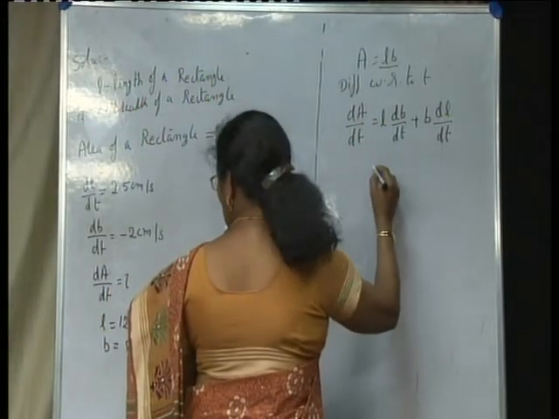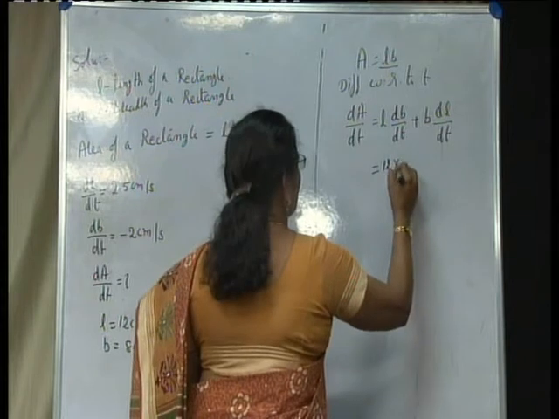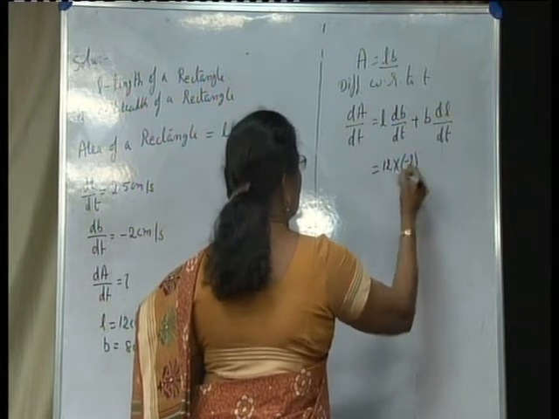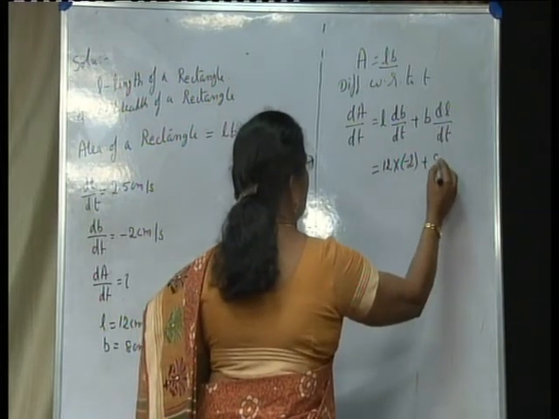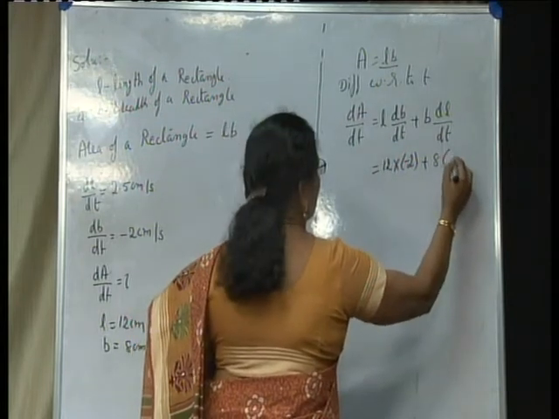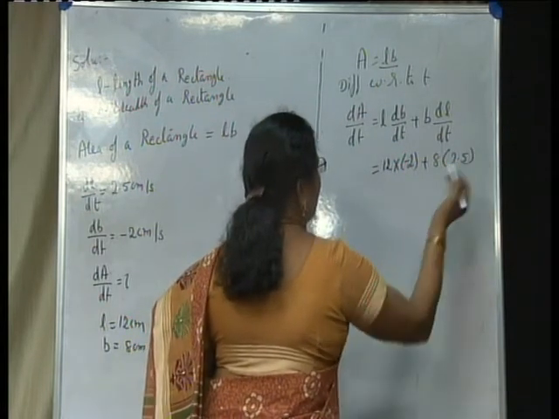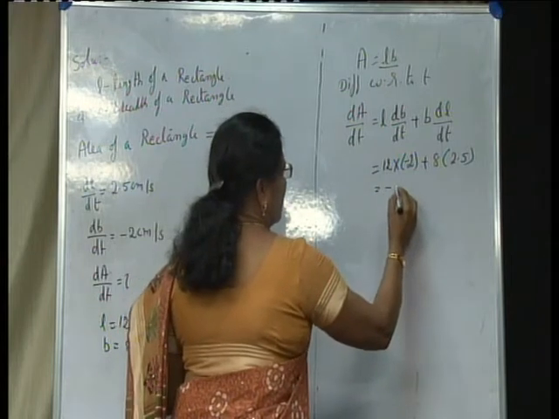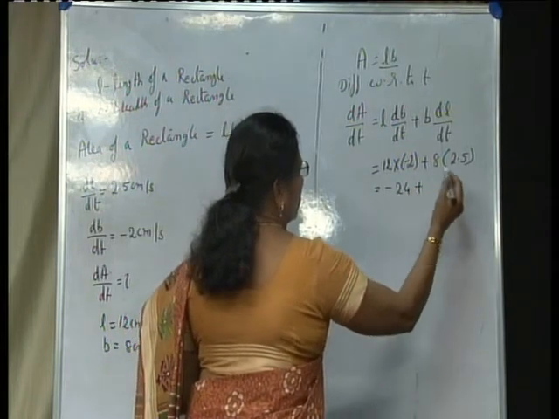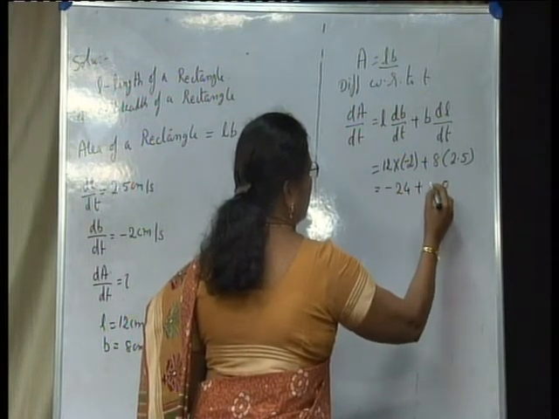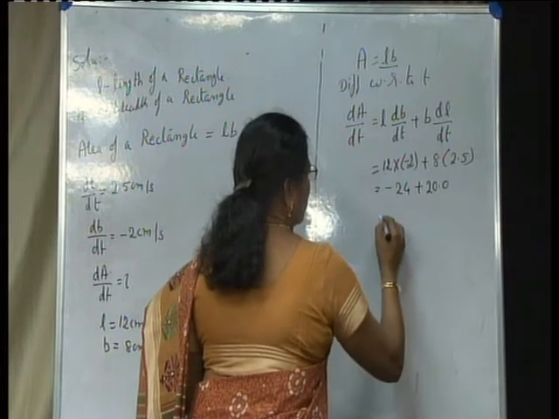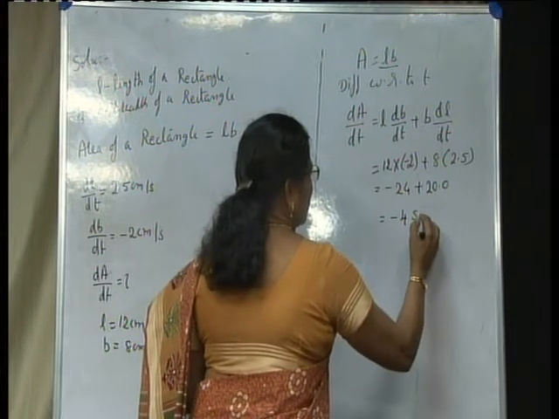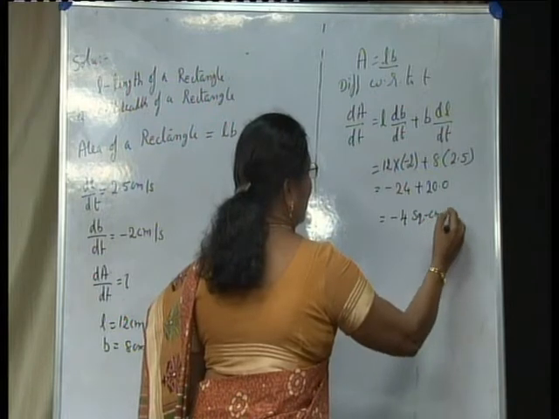So, L value is 12, dB is decreases, so minus 2, B is 8, L is 2, dl by dt is 2, minus 24, so this is minus square centimeter per second.